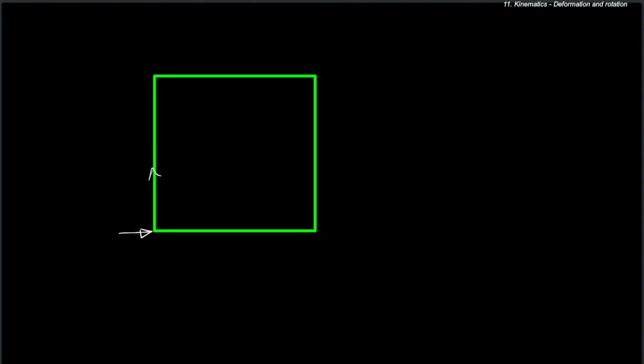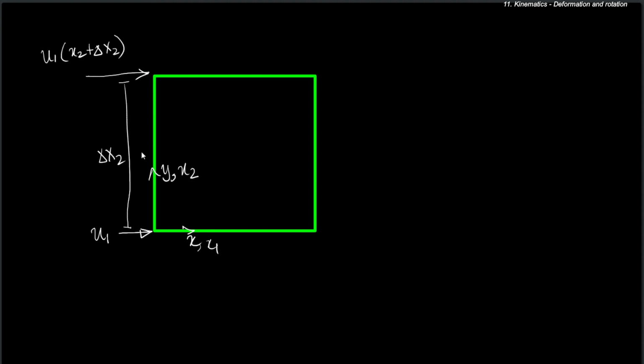So this is the y direction and this is the x direction, or more generally this is the e2 direction or x2 direction, and this is the x1 direction. So what happens if we have a gradient in the x2 direction? So this is u1 at x2, and this is u1 at x2 plus delta x2. So this distance is delta x2. The fact that this velocity is larger than this will lead to such a structure.